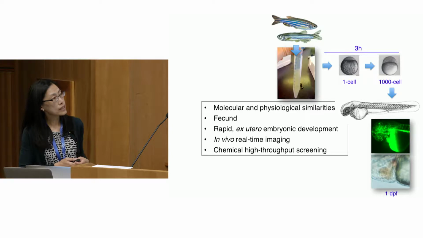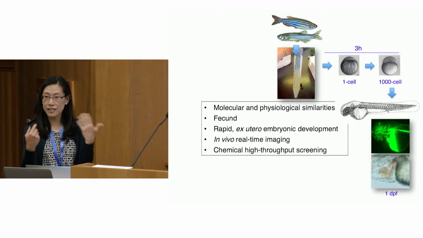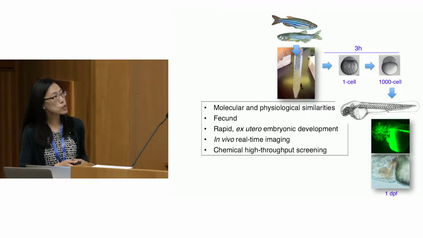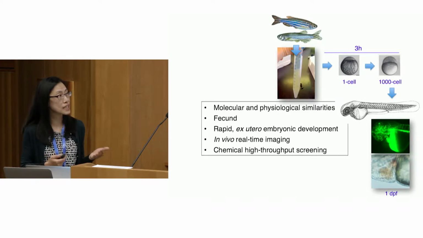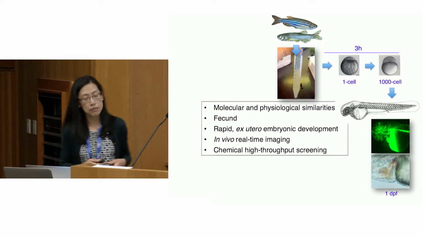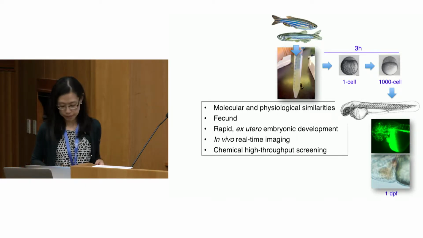And then within just 1 day, 24 hours, zebrafish embryos already have eyes, ears, brain, and you can already see the beating heart and circulating blood in the developing embryos without any dissection. And you can also do lineage tracing using fluorescent reporter lines, and then again do real-time imaging while they develop.